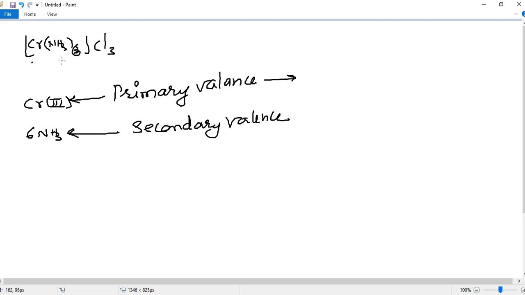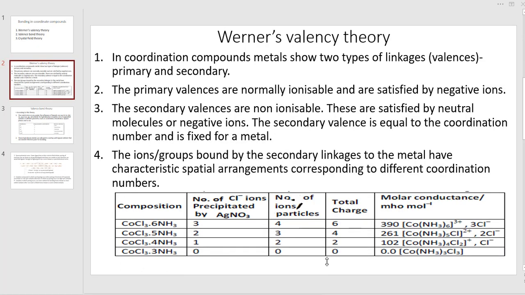For example, we can see Co. Here one compound is also mentioned. You can see CoCl3·6NH3. So what he found when he treated this compound with AgNO3, 3 moles of AgCl precipitate.